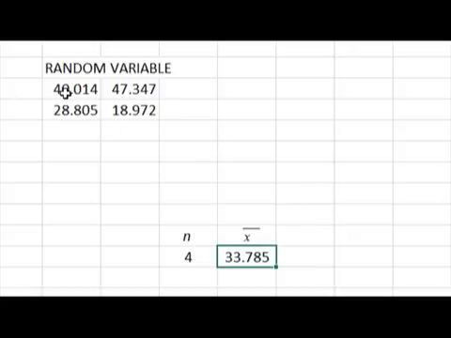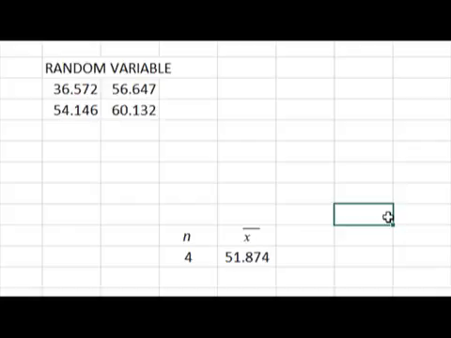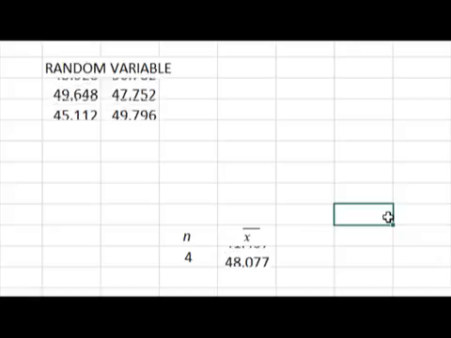So while individual observations of x have a standard deviation of 10, and 95% of the time they'll be between 20 and 60, within 2 standard deviations of 40, these values of x bar have a standard deviation of only 5, and so 95% of the time those values of x bar are going to be between 30 and 50. So one more time, we see that the spread or dispersion of x bar is smaller than the distribution of x.